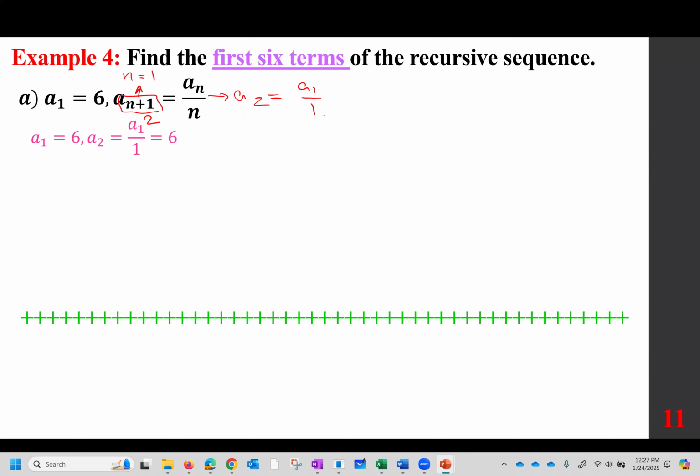What would be the formula for a sub 3? The one before that is a sub 2 divided by 2. So 6 divided by 2 is 3.